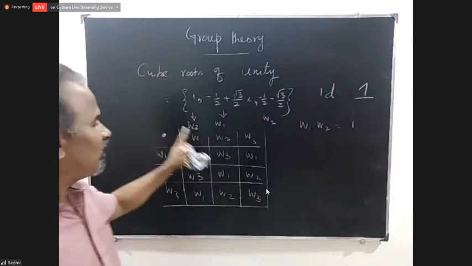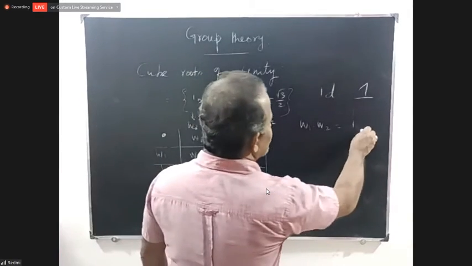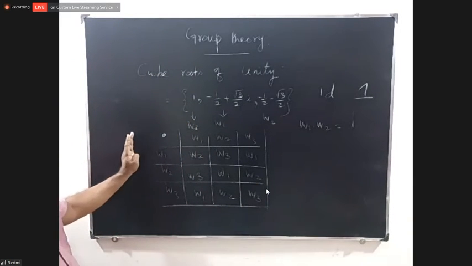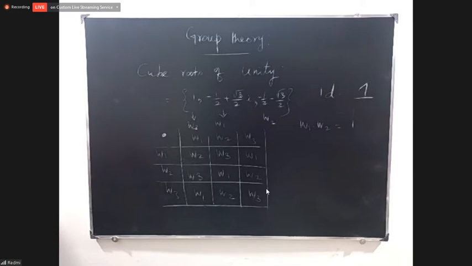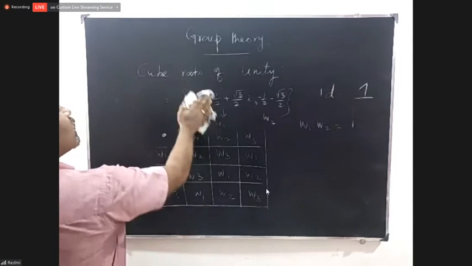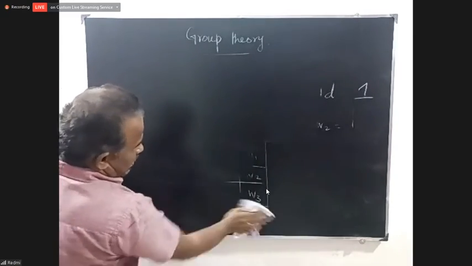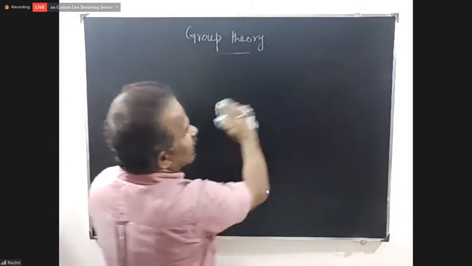So therefore all elements have their inverse. So therefore this set is a group with respect to multiplication. So this is an important example of group theory. If I multiply it one by one, it will take time. So that's why I have written that.